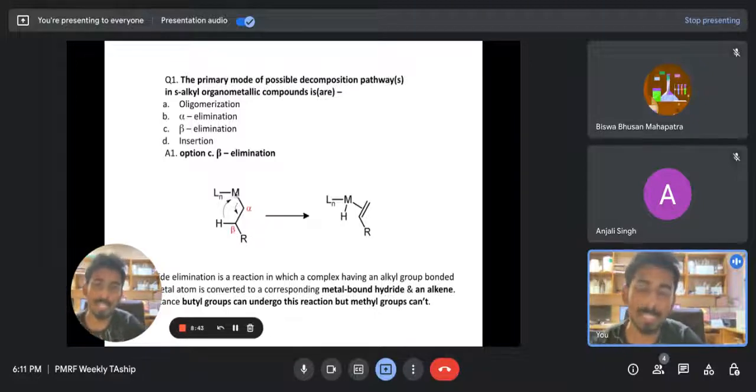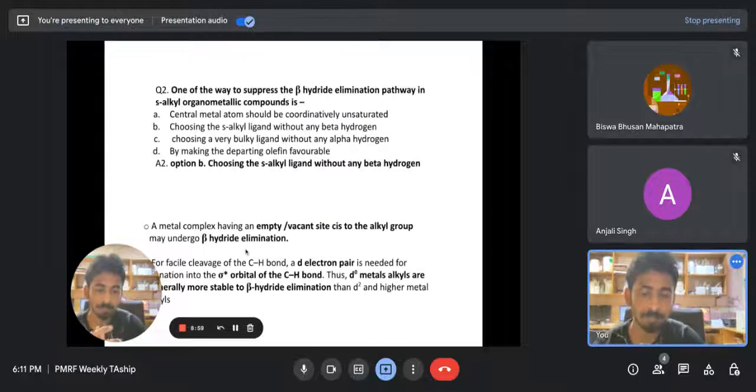Now if the metal atom has to put 2 electrons into the CH sigma star, that is the LUMO orbital of the CH bond, so that this sigma star LUMO gets destabilized and this metal hydride bond forms and an olefin forms, the metal atom should preferably have 2 electrons on it to put into the sigma star orbital of the CH bond.